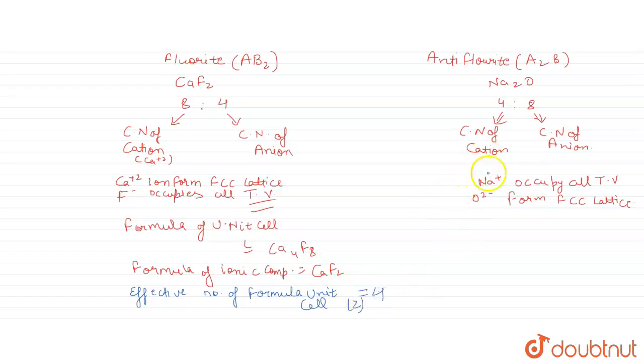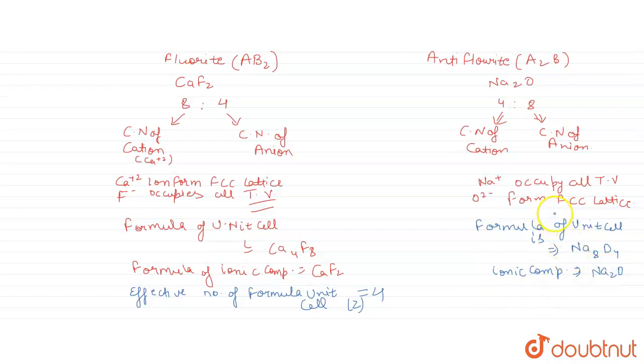Now in this case the formula of unit cell is Na8O4, and the formula of ionic compound will be Na2O.